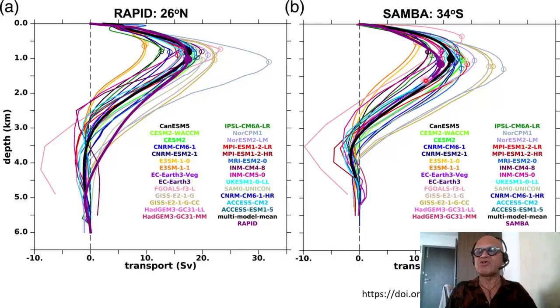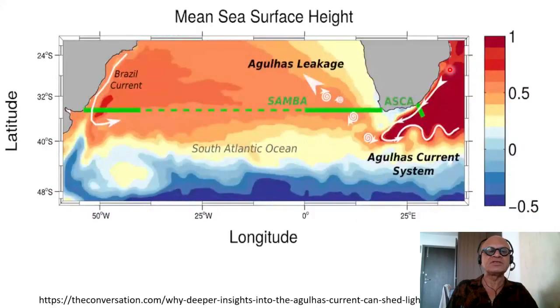And similarly at 34 south, you can see that there is a huge difference between the different models, and this obviously has a dependence on resolution, but also in coarser resolution models there is a large dependence on parameterizations of mixing, or how mixing by the eddies is maybe included in some form, and so on and so forth.